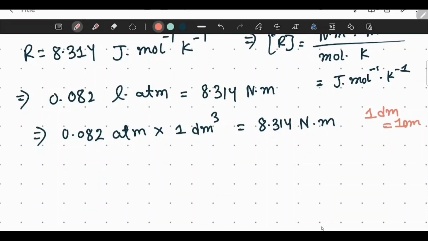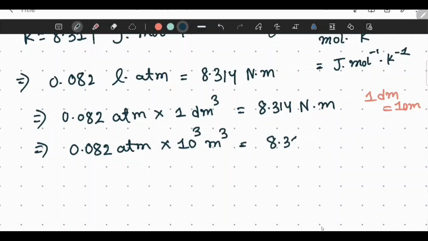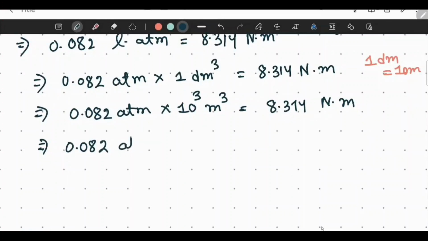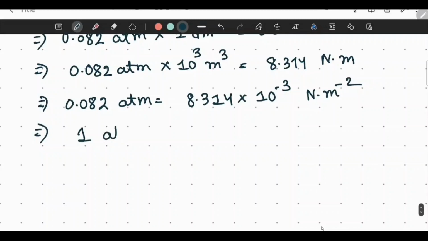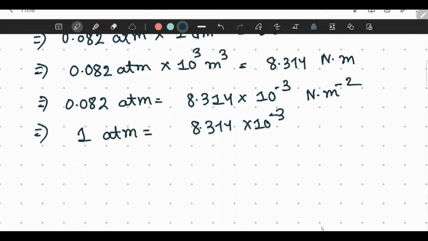So 1 decimeter cube will be 10 to the power minus 3 meter cube. So 0.082 atm is eventually 8.314 into 10 to the power minus 3 Newton per meter square, which is Pascal. So 1 atm is eventually 8.314 into 10 to the power minus 3 divided by 0.082 Newton per meter square.